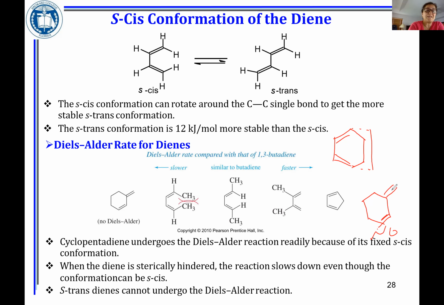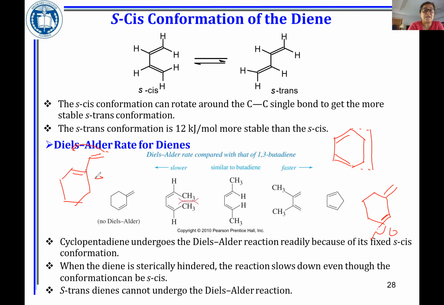But let's say you have a cyclic system that looks like this. If you just look at it, pay attention, you see you have this, and then you have this trans. There is a single bond here. This is a carbon-carbon single bond. The rotation around this carbon-carbon single bond is possible. So this carbon can be rotated to the other way.